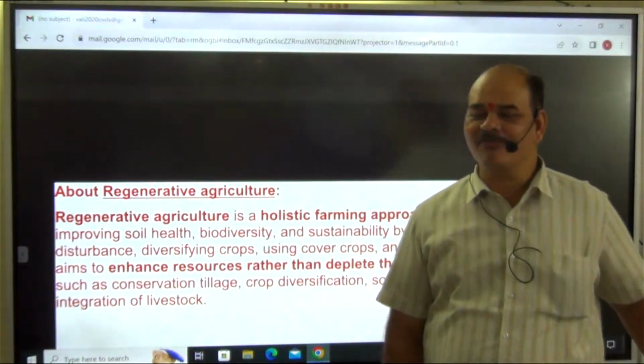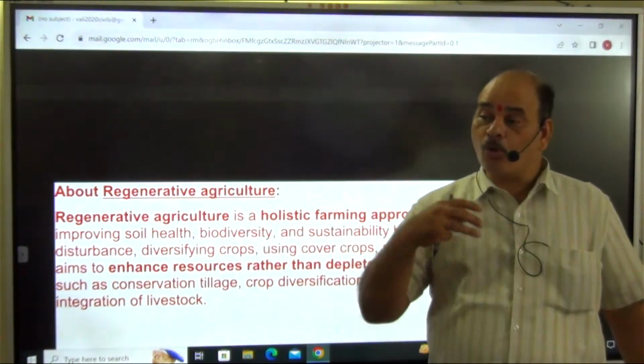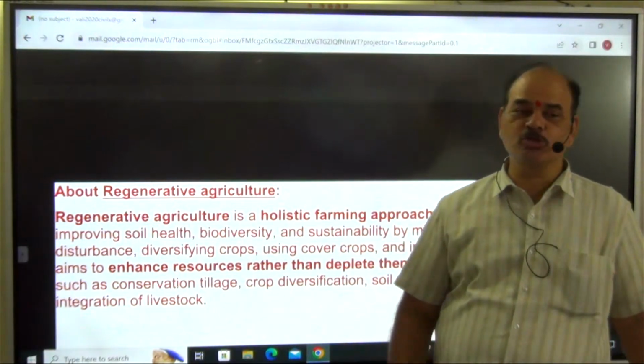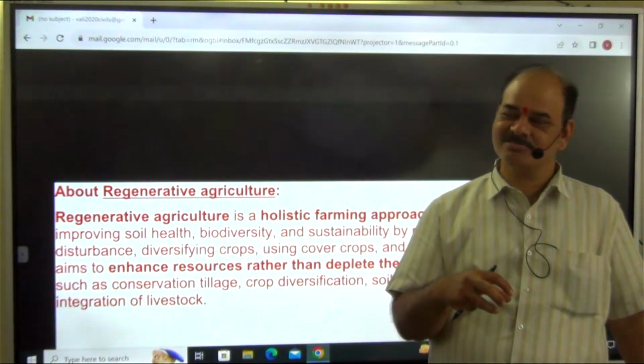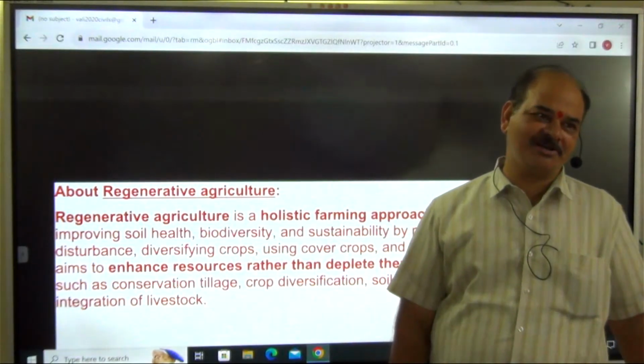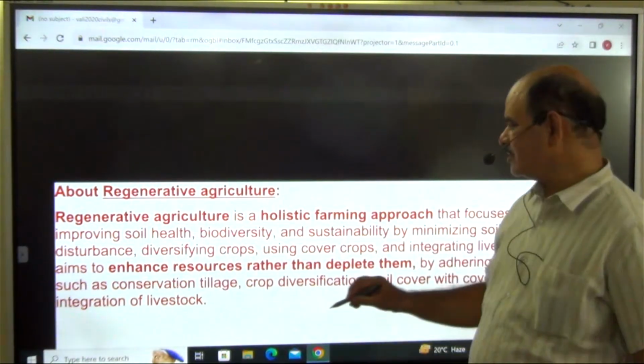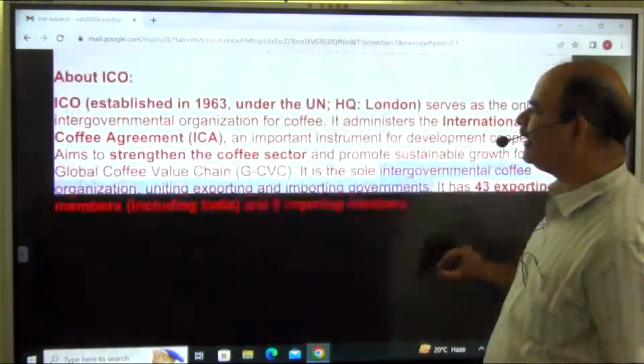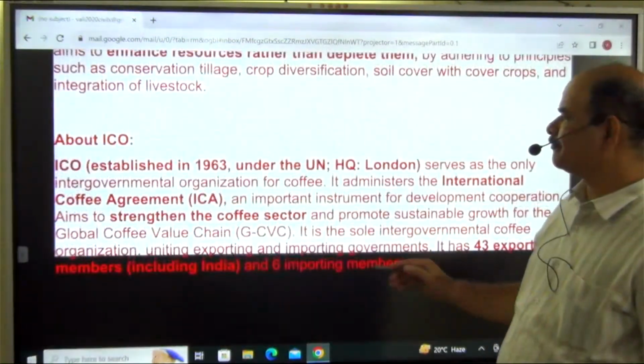Regenerative means no question of exploitation. You should not exploit the things. You should increase the capacity of the soil. And we also have to maintain biodiversity.